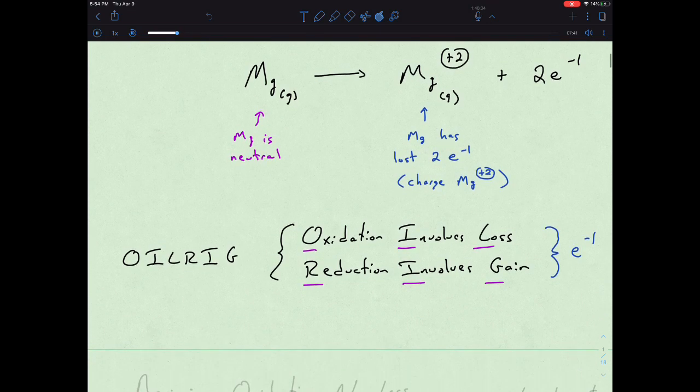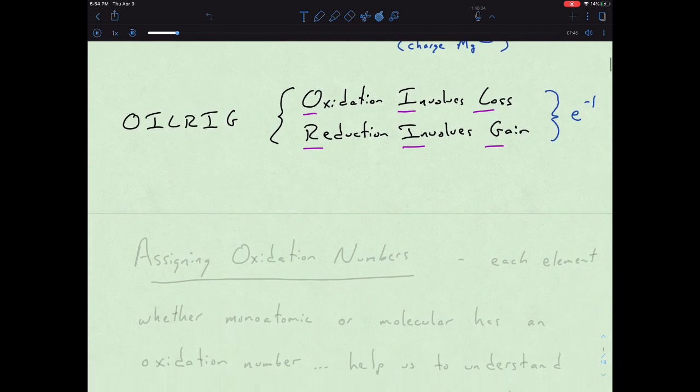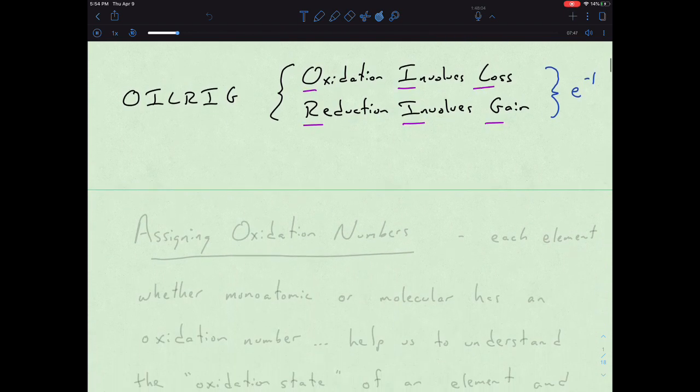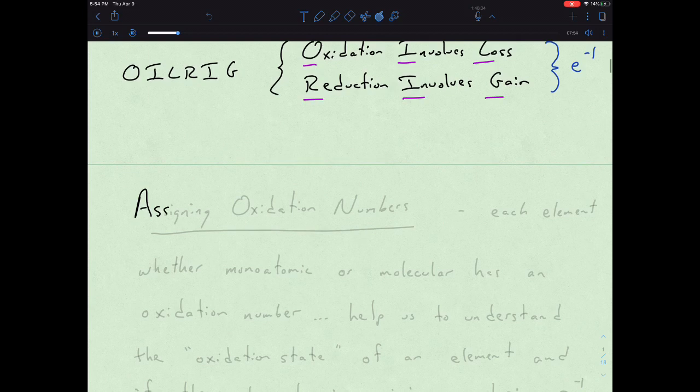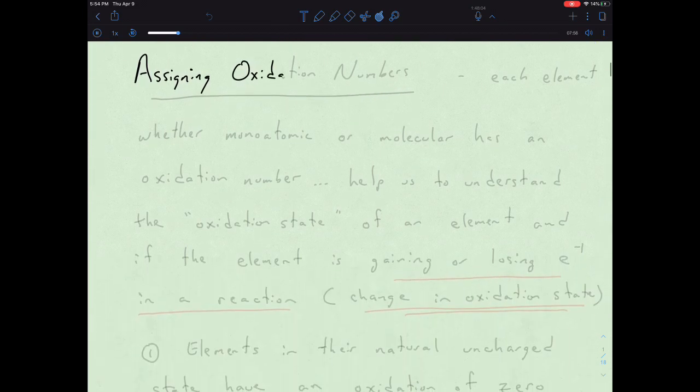Now that we have a basic understanding of reduction and oxidation, reduction gaining electrons, oxidation losing electrons, we have to now have an appreciation of assigning what's known as oxidation numbers.